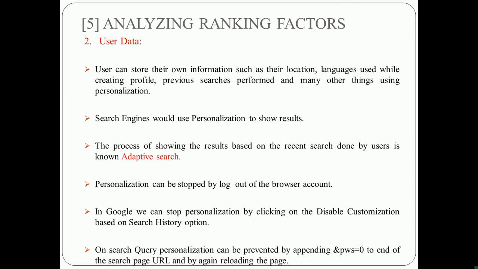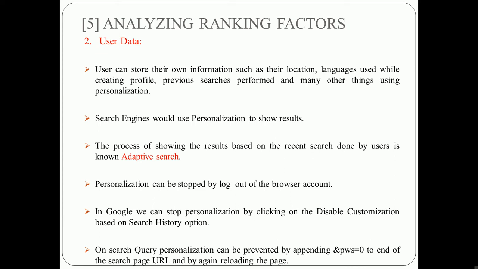You can check it by analyzing the ranking factors. If you have domain level access, you can view these user details. Search engines use personalization to show your result, and they provide these facilities to personalize your results.